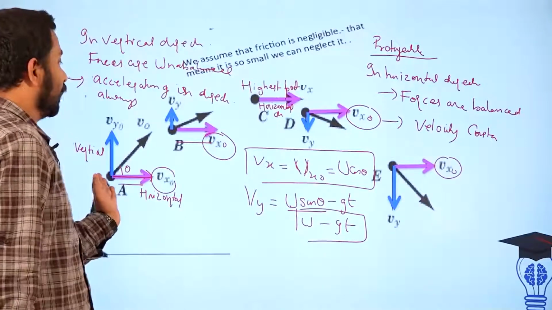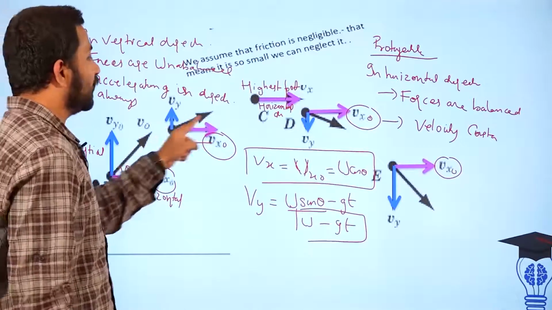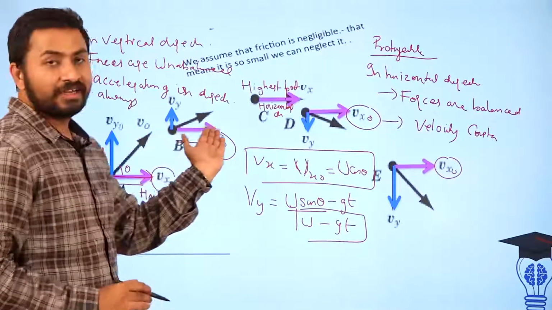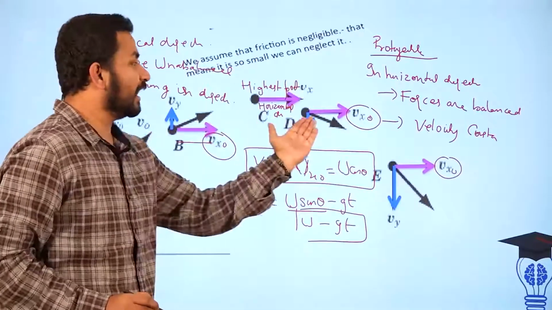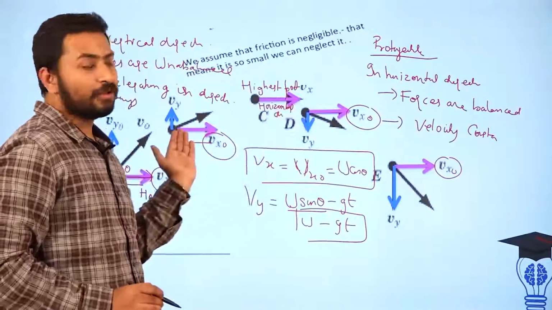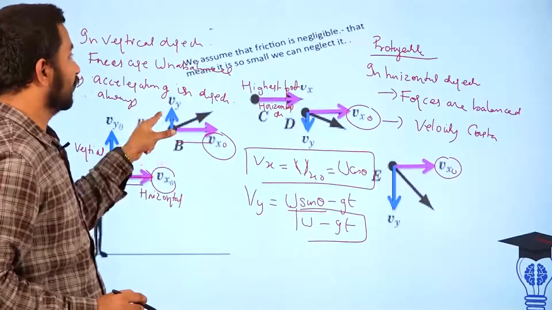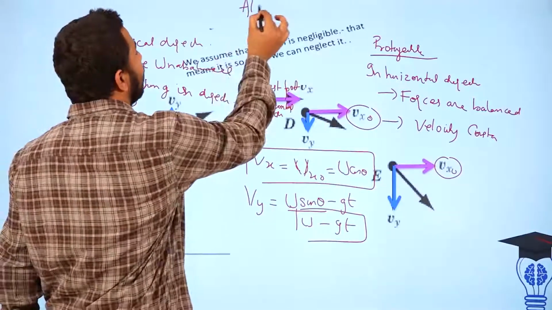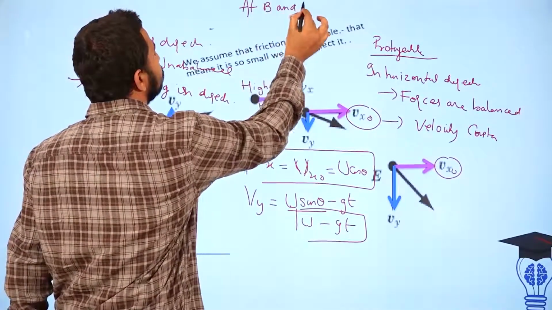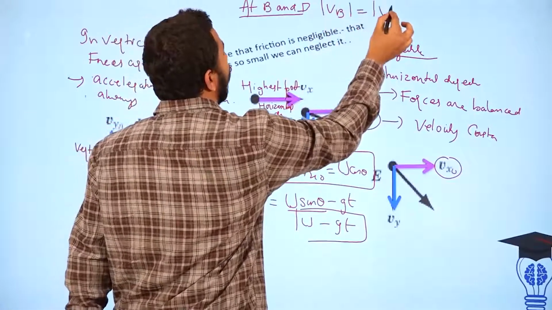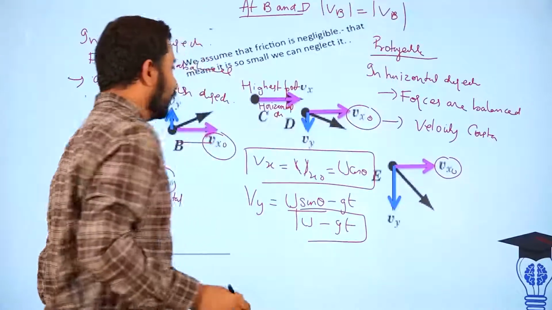What we see is that points B and D are at the same horizontal level, their magnitudes of velocity are the same, but the directions are opposite. So at B and D, mod VB will be equal to mod VD, right?